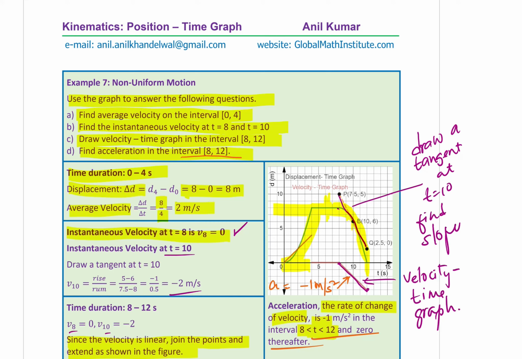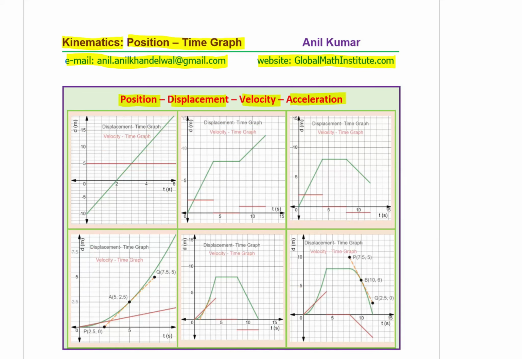So I hope with that you understand how we analyze a position time graph. We had a straight line, a change in position with a constant rate, which is velocity, and therefore we have velocity equal to 5 as a horizontal velocity all along. In the second case, we had three different legs. Here the object is not changing, so the velocity is 0, right?